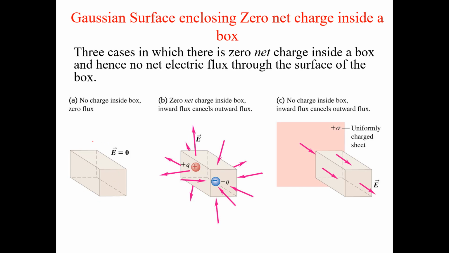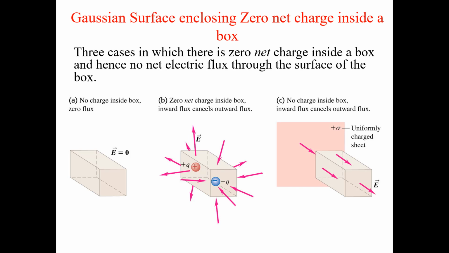The first case is, if there is no charge inside your box, of course there is no flux. The net charge is zero, the electric field is zero, so the net flux is zero. Now, here is another case wherein there are charges inside the box, but the flux cancels out since the positive and negative charges have the same magnitude. The outward flux cancels the inward flux. The electric field lines emanate from the positive charge and go into the negative charge.